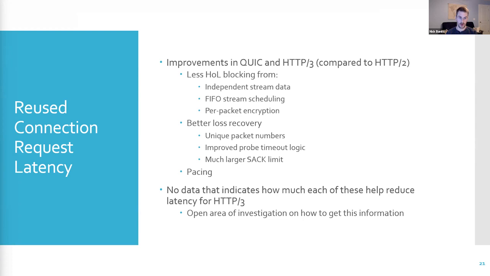Somewhere in there, independent stream data and FIFO stream scheduling for packet encryption would all lead to reduced head-of-line blocking. And then the app start, the network, is where better loss recovery and pacing improvements likely had an impact. But we can't say how much each individual feature may or may not have helped things.